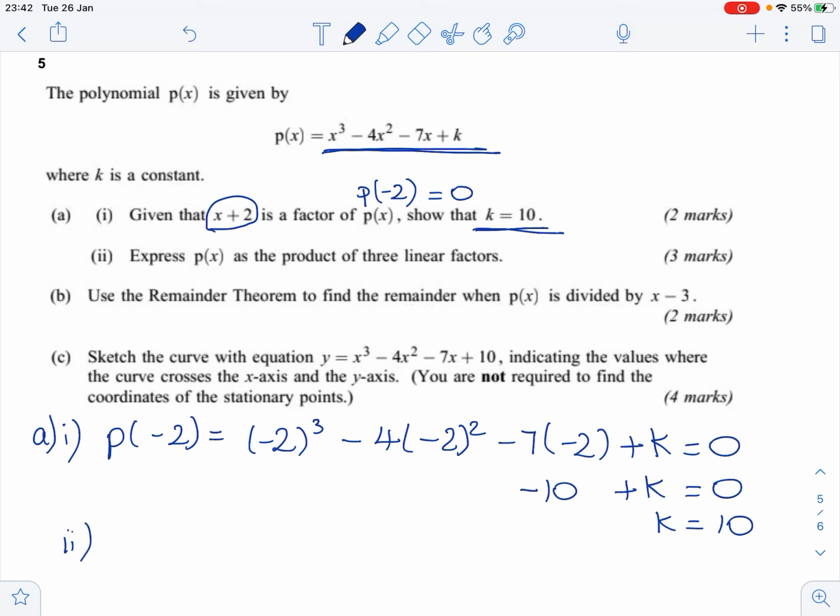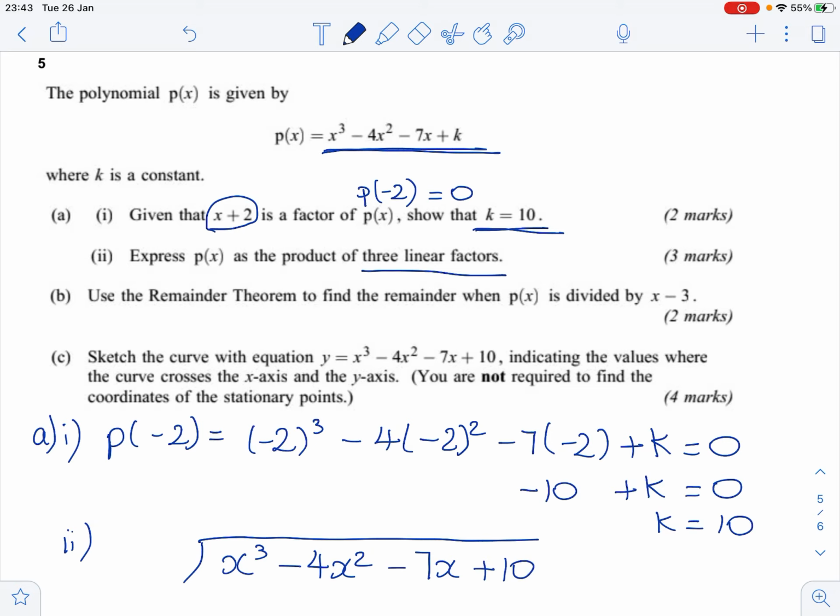Part 2. So we want to express it as a product of 3 linear factors. So we're going to use algebraic division. So x cubed minus 4x squared minus 7x plus 10 divided by x plus 2.